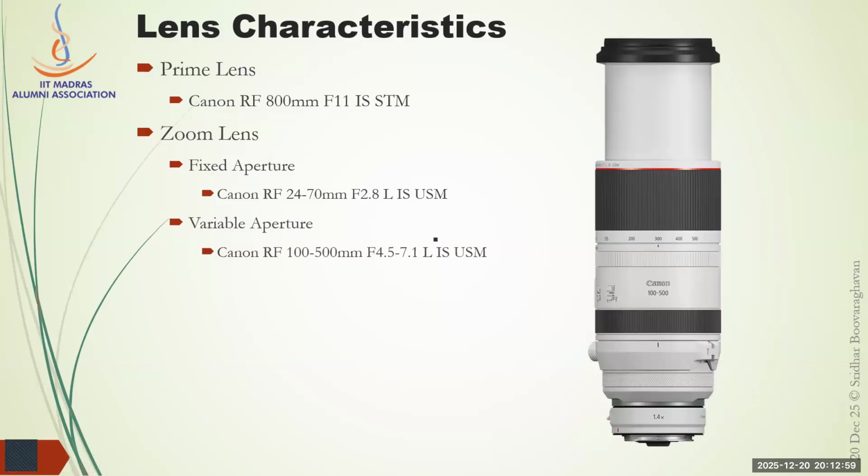One of the things that I didn't mention is that this is a fixed aperture zoom lens, right? So the aperture in this lens, the 24-70 lens, is a 2.8 constant aperture. And then there is a variable aperture zoom lens, which is the white lens, where the aperture changes as you zoom out. It goes from 4.5 to 7.1.